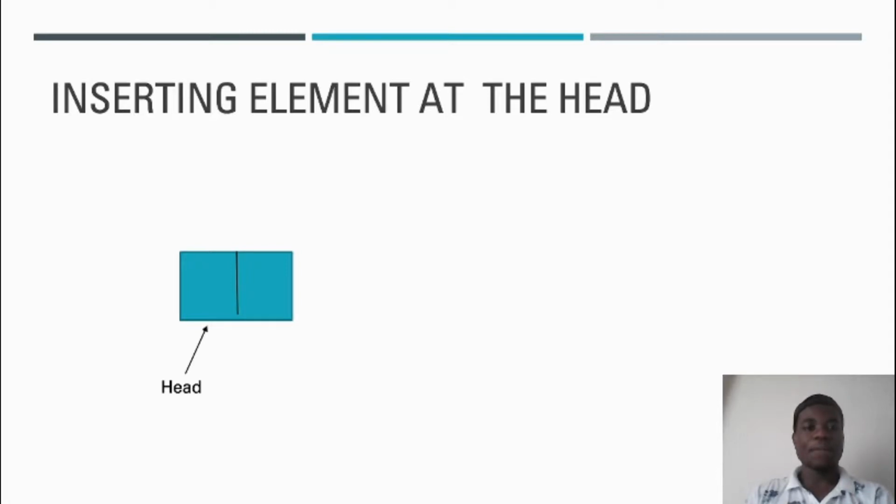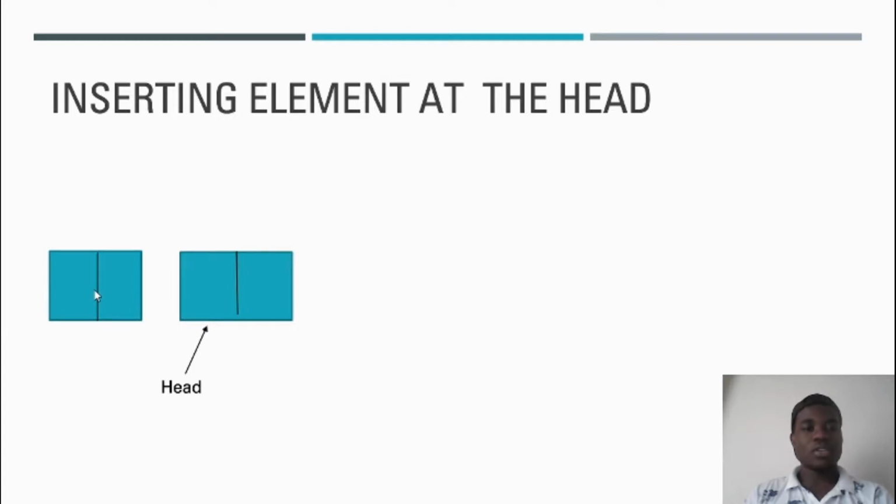at the head. So what is happening here is we have one element here, and the head stores a reference to the first node, right, which is this one. So we want to insert an element before this one because we want to insert it here at the head. So then we create a new element, right?